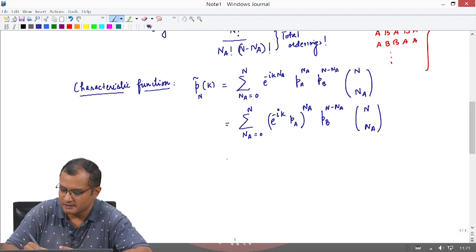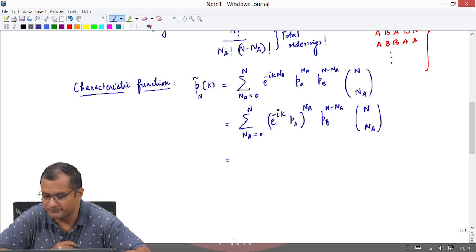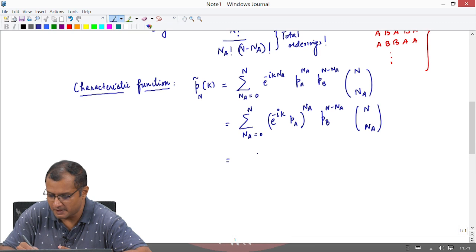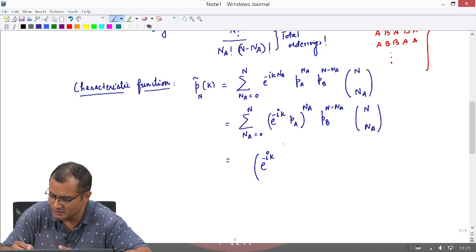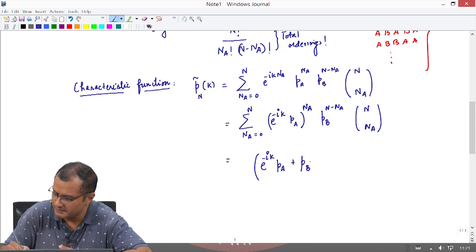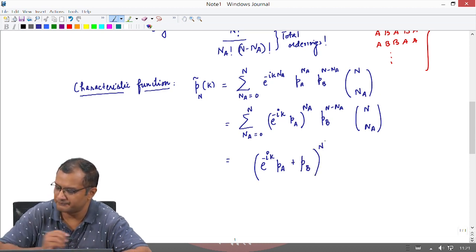And as I said, this is a well known expansion of the sum p a plus p b. So, this is a binomial expansion of the sum of e to the power minus I k into p a plus p b, raised to the power n.